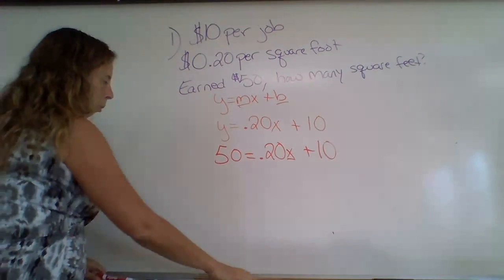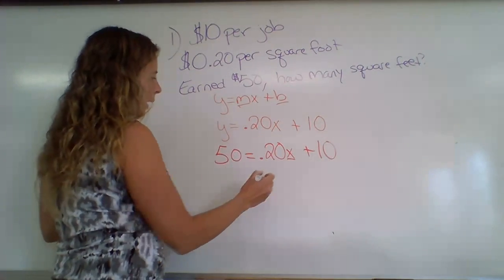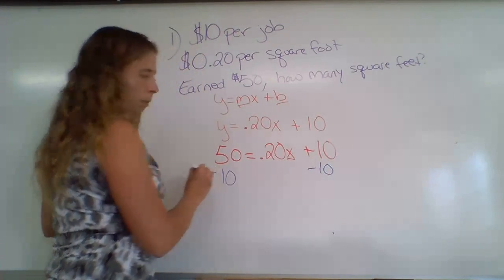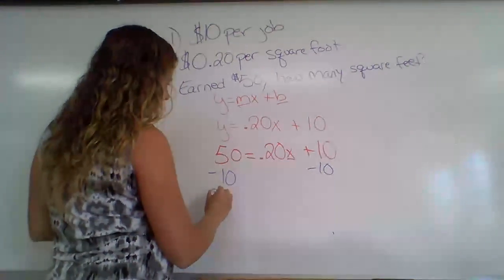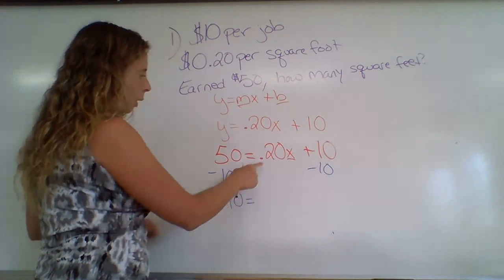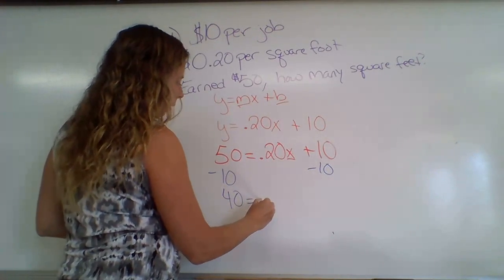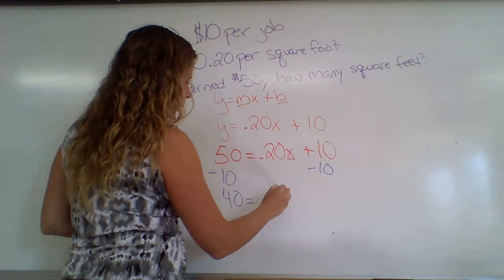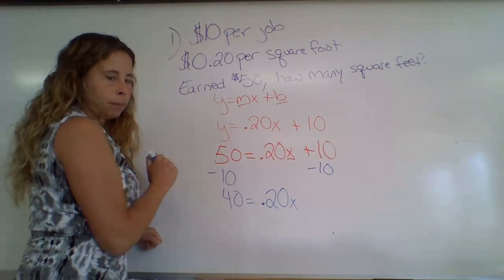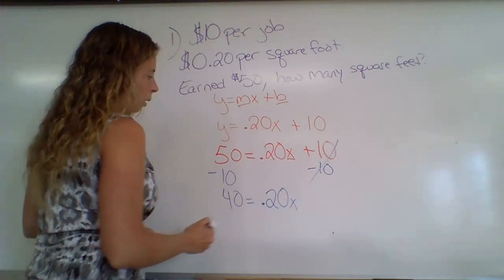So I want to get this by itself, so I'm going to subtract 10 from both sides. So 50 minus 10 is 40. We didn't do anything to the left, so just rewrite 0.20x. Then you have 10 minus 10 is 0.